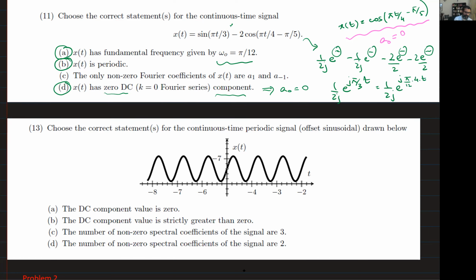Okay? So then what happened? This is omega naught and this is k. So this is A4, and you can do all of the rest. There's a problem that will come later related to this.